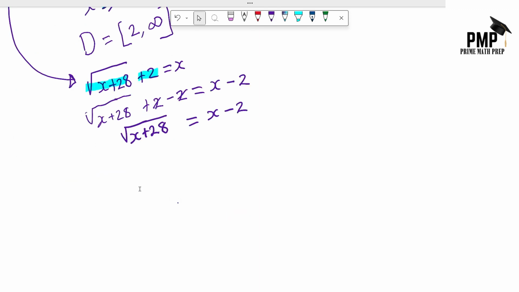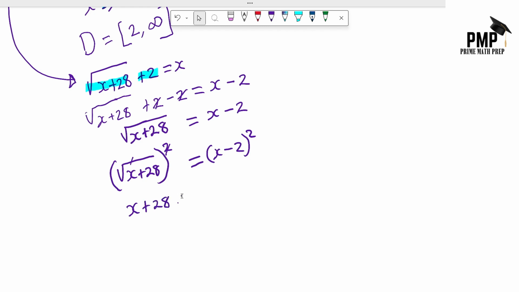Here we can now square both sides in order to remove the square root. This will be x plus 28, all squared, is equal to x minus 2, all squared. The square will cancel out the square root. This will now be x plus 28 equal to x minus 2 squared.